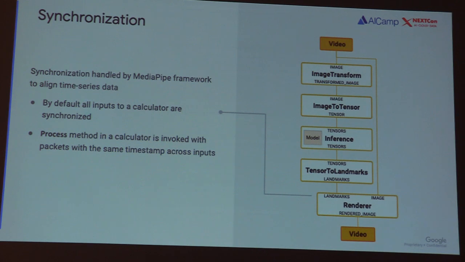One key characteristic of MediaPipe is the way that the data is collated. All the time series data that enters MediaPipe is tagged with timestamps. Those timestamps indicate the time at which that data was recorded in the world. And the data is initially collated according to timestamp, so each calculator gets a process call with all of its input streams synchronized to the same timestamp.